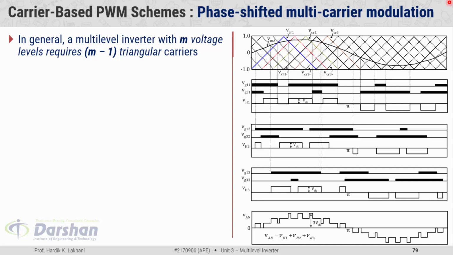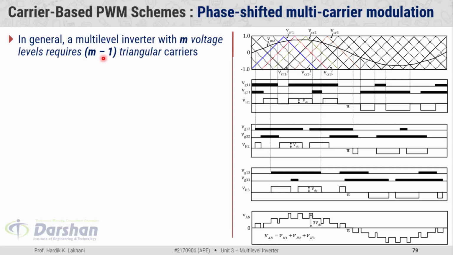In general, a multi-level inverter with M voltage levels requires M-1 triangular carriers. If we want to produce PWM signals for the IGBTs used in the construction of a 7-level cascaded H-bridge multi-level inverter, then we have to substitute M equal to 7 in this expression.